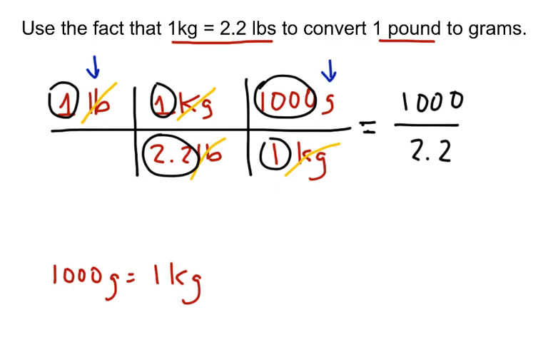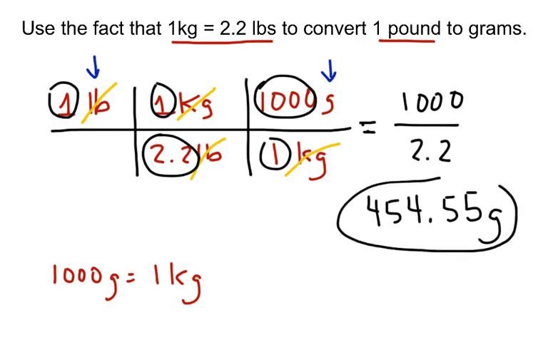And I end up with 454.55 grams. So convert 1 pound to grams. How many grams are in a pound would be the same question. And the answer is 454.55. Be organized, be patient, be careful with the calculations, and these don't have to be that bad.